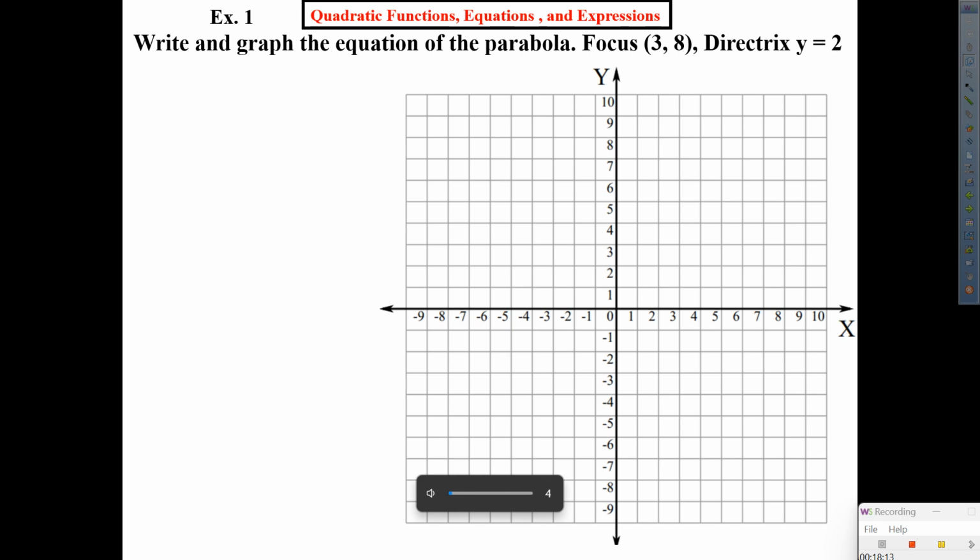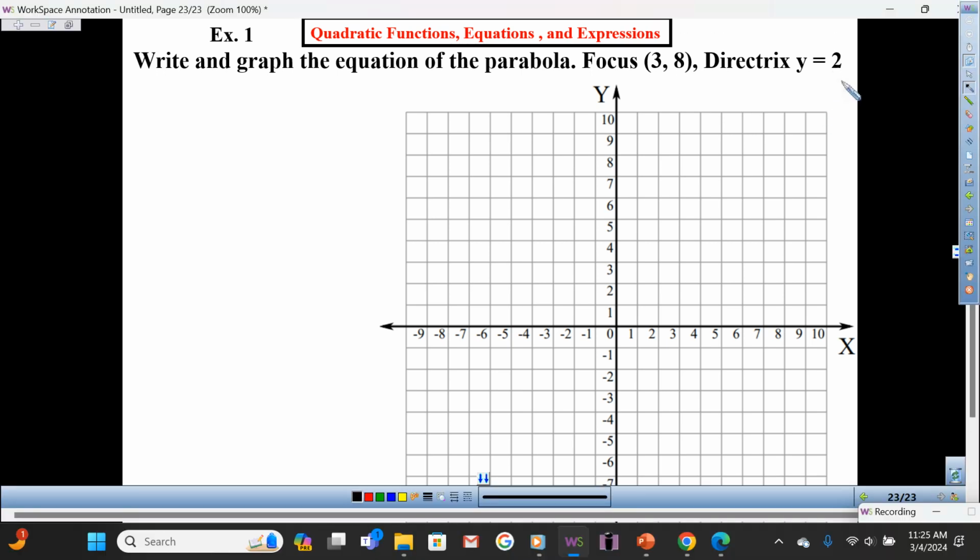Now, by now you guys have your coordinate planes, right? You should have at least 4 left from the ones we did last week, yes? All right. So with this one really quick, first things first, we look at the directrix. What is the first equation that pops up into your noodle when you see y equals 2?